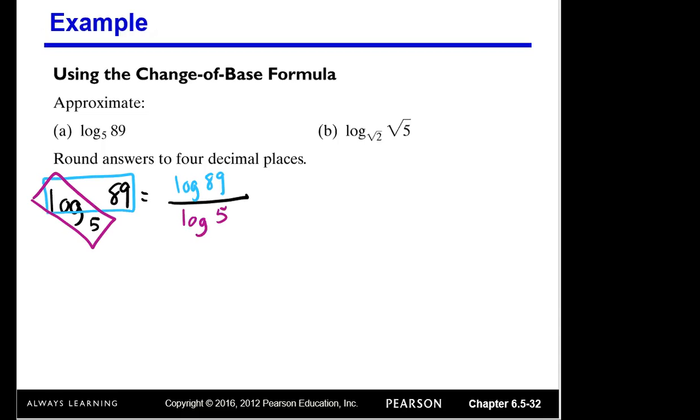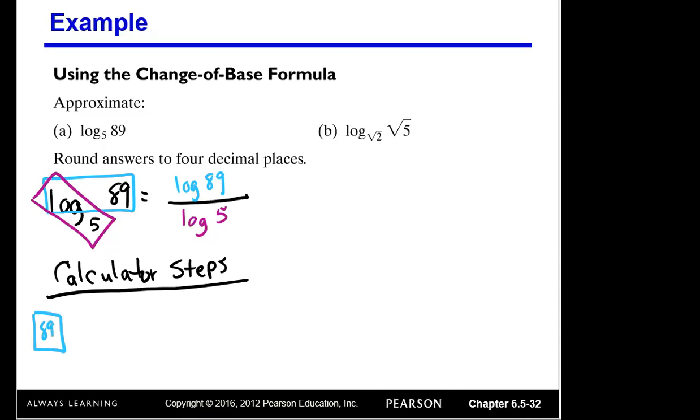Now, you guys are supposed to have the TI-30XA, which is a good calculator, but it's not the best as far as typing things in exactly as you see them. So step by step for this problem, I'm going to have to type in, this is my calculator steps. You start with the numerator and you're going to type in an 89.